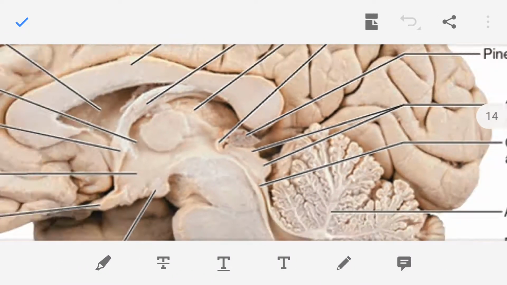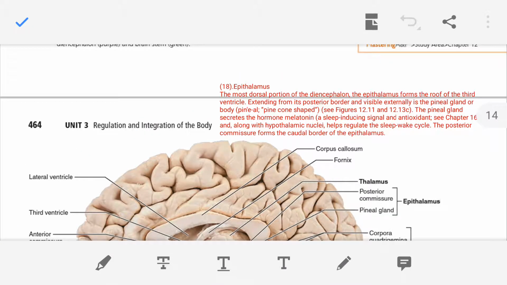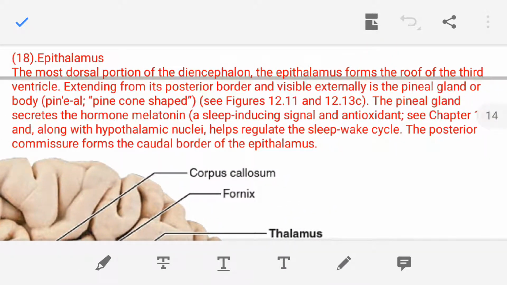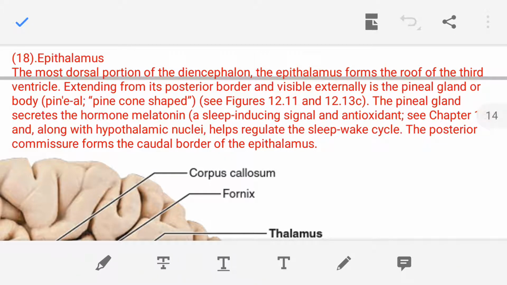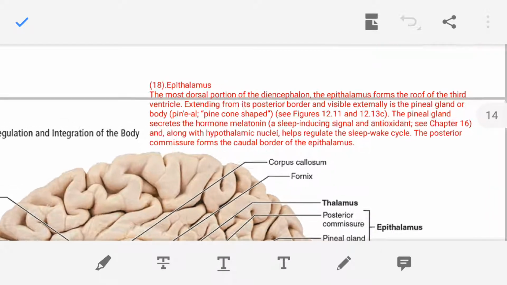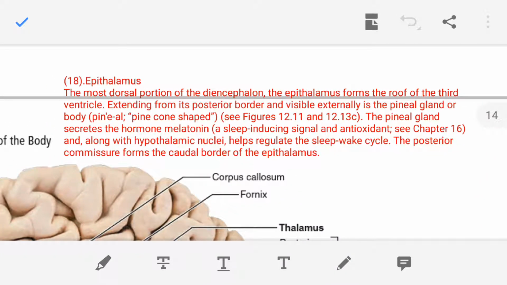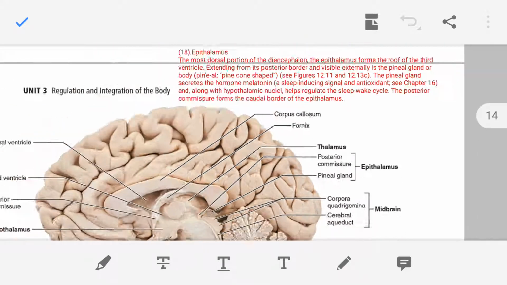Okay, so the posterior commissure forms the caudal border of the epithalamus. Caudal means tail border. Okay. So in the epithalamus, two things we are remembering. One is the pineal gland, and the second one is the posterior commissure. Okay.